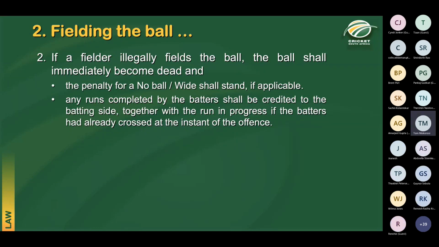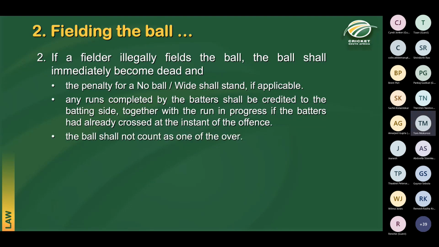Okay, so when the ball becomes dead is when we look to see where the batters are in that run in progress. Have they crossed? If yes, then that run will also count along with the runs completed before that. If they have not crossed for that particular run in progress, then only the runs completed before the illegal fielding will count.